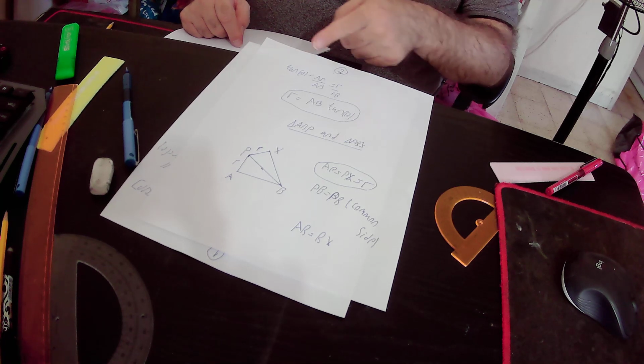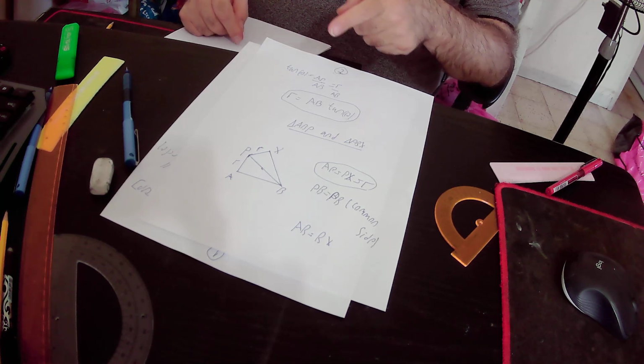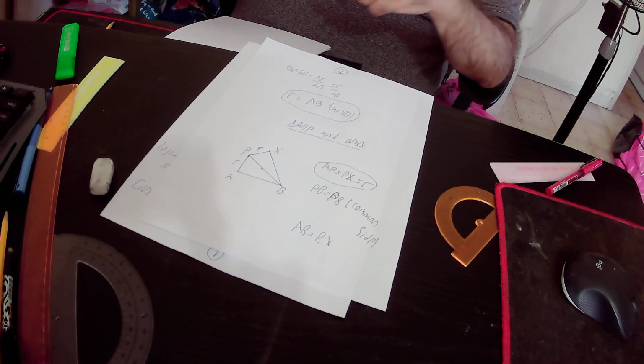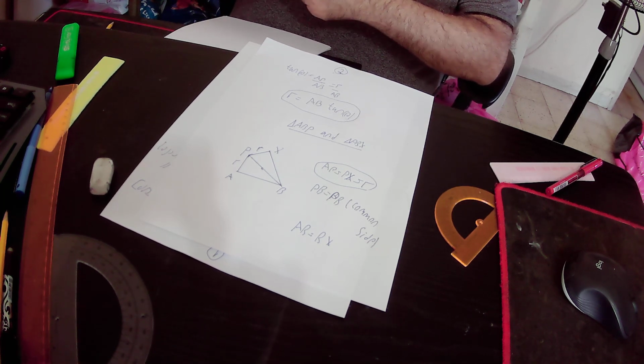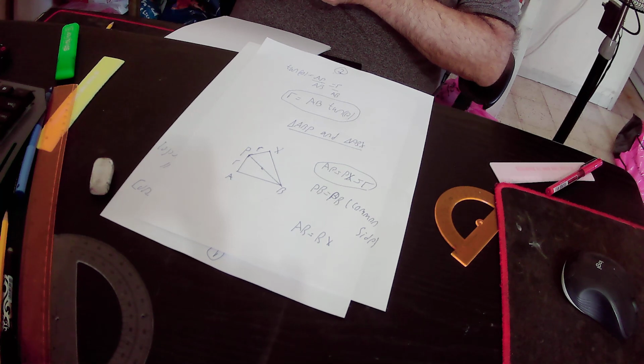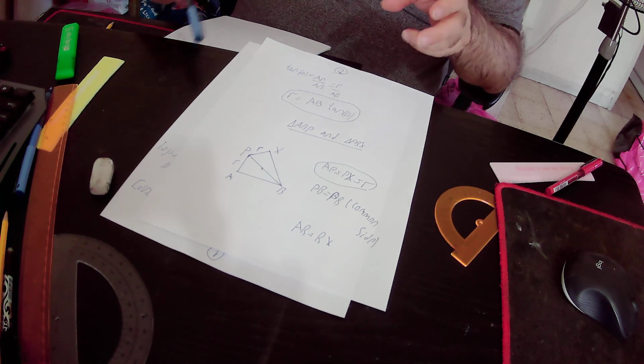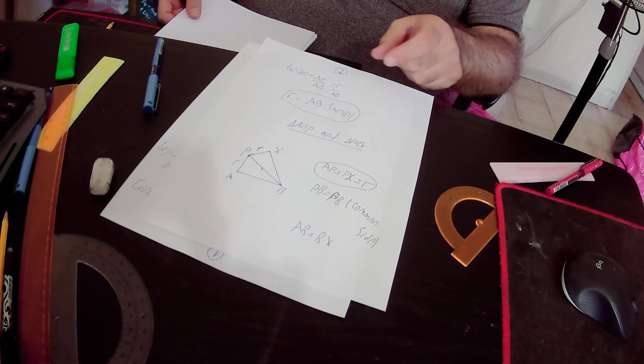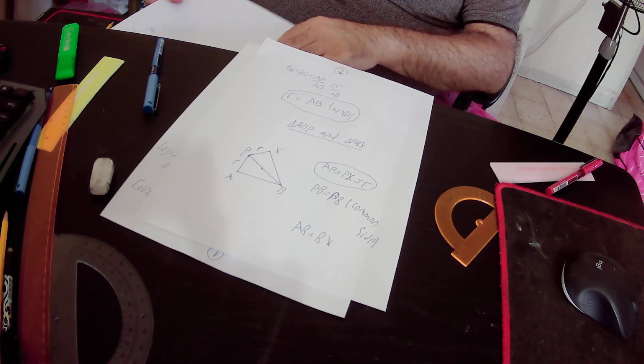We multiply this equality by AB, and we found out that the radius of the small circle equals to AB times tangent theta. So in order to find out the radius of the small circle, we must find out the value of AB and the value of tangent theta.